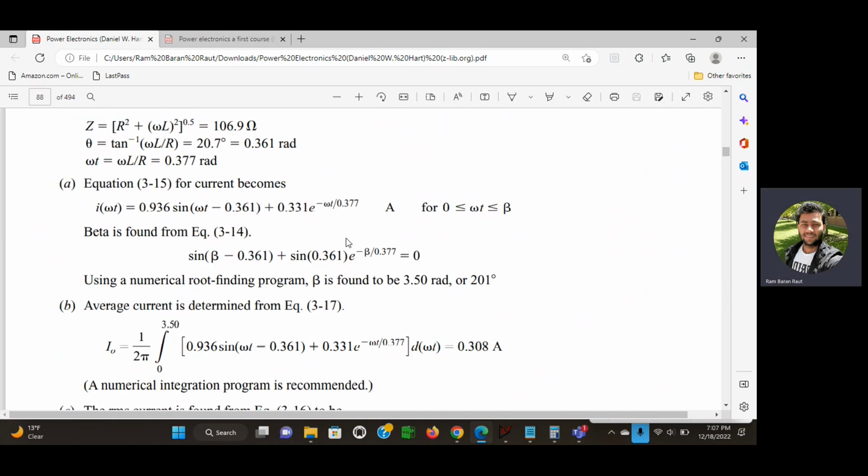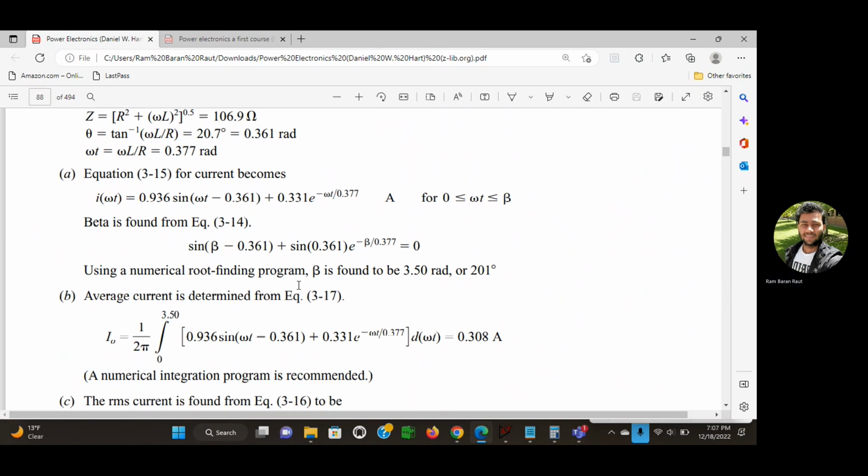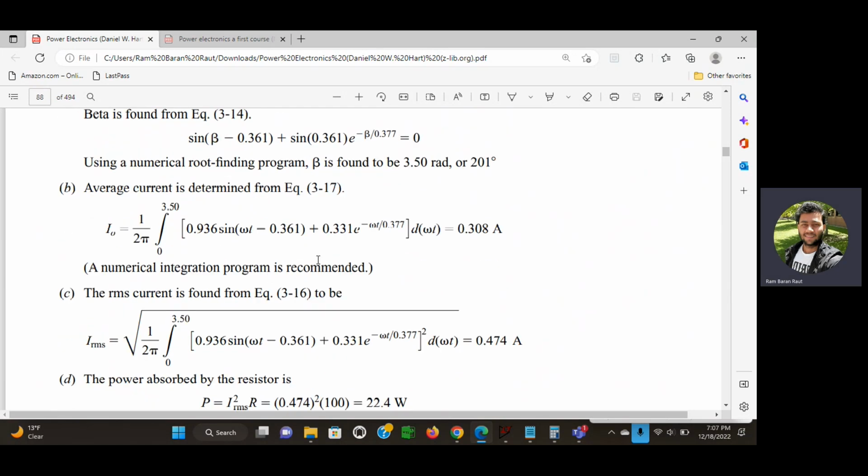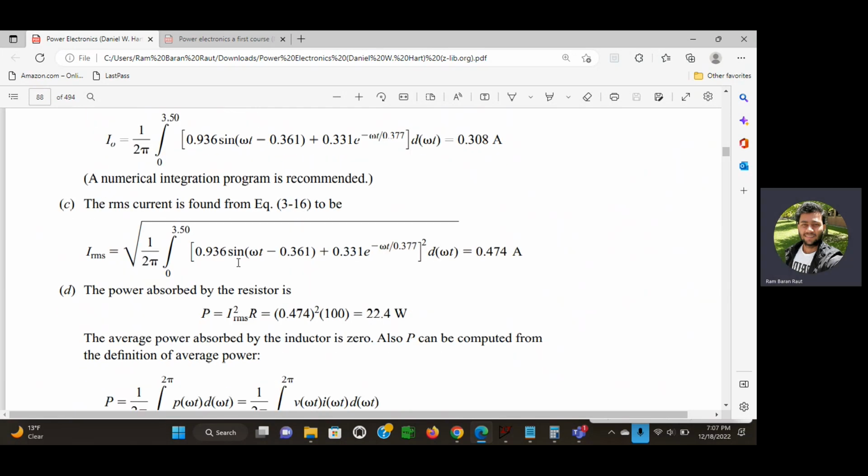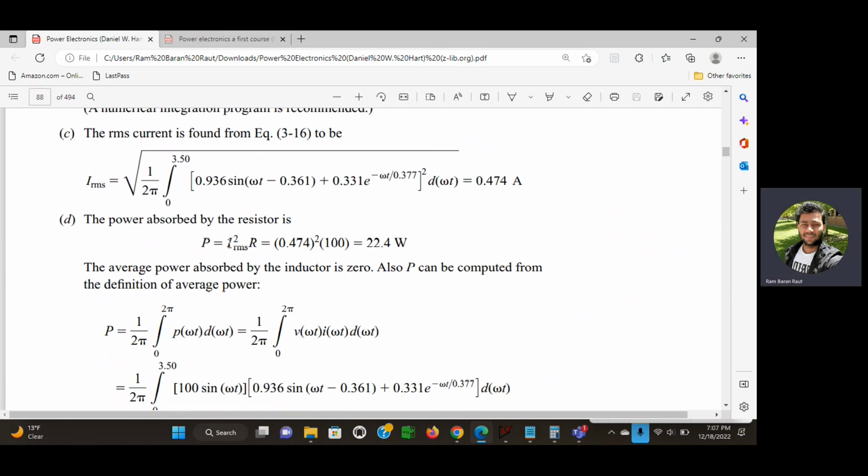And these are the equations, and they find 0.308 ampere as average current, RMS current is 0.474 ampere, and the power absorbed by the resistor is 22.4 watt.